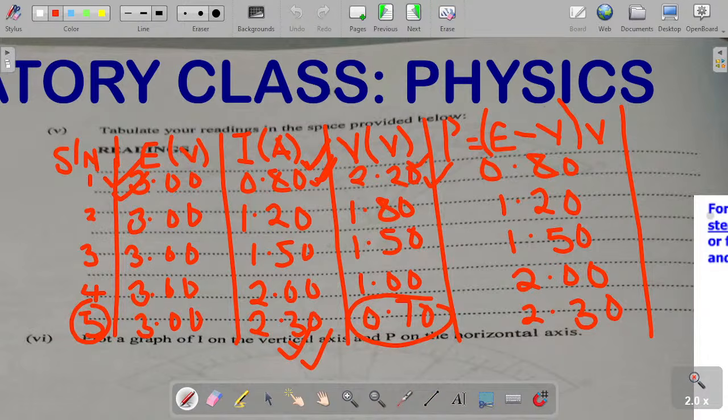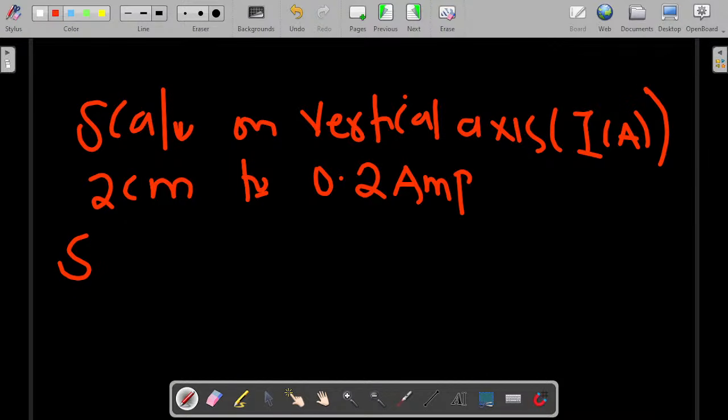Now, if you go to the P-axis, we should take a scale for it. If you look at the P-axis, the values are similar to the I-axis. They are the same thing. That means we can use the same scale. I can also say scale on horizontal axis. So don't go and write x-axis and y-axis. You are not plotting a graph of x against y.